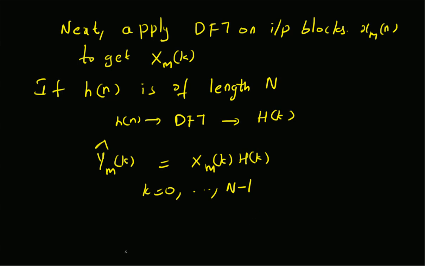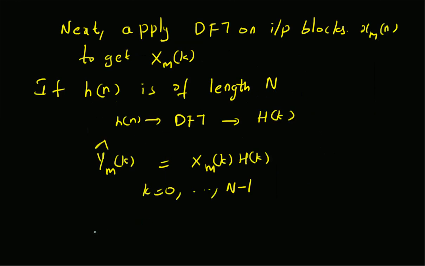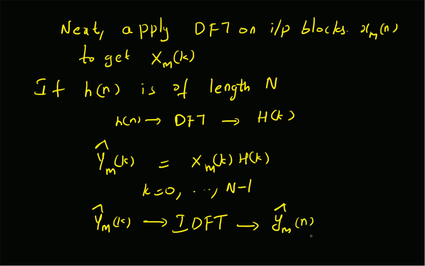So the next step is to apply IDFT. If you go back to the block diagram, we have Y_m of k, and now we have to apply IDFT on these output blocks. So Y_m hat of k goes through IDFT, and we get our output blocks, Y_m of n hat.